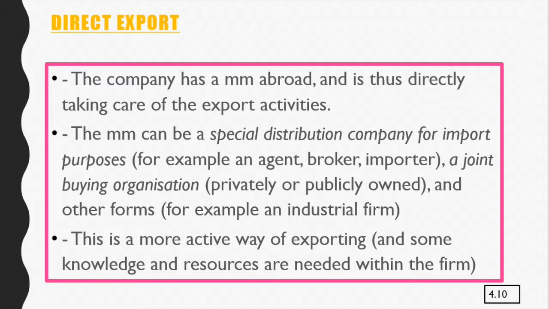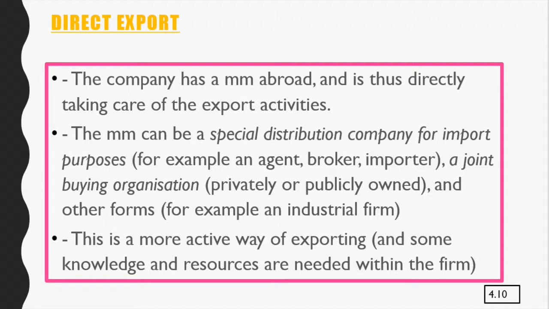The middleman here can be a special distribution company for import purposes, because it's import for them. It can be, for example, an agent, a broker, or simply called importer. It can also be a joint buying organization, publicly or privately owned, but then it can also be other forms.